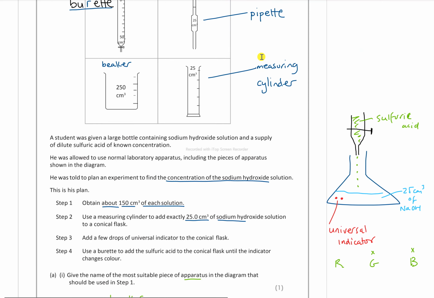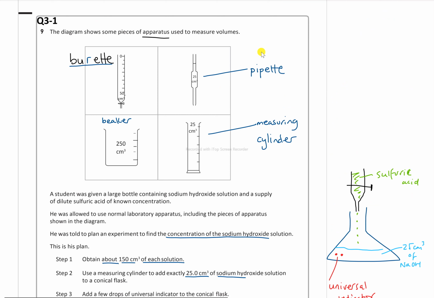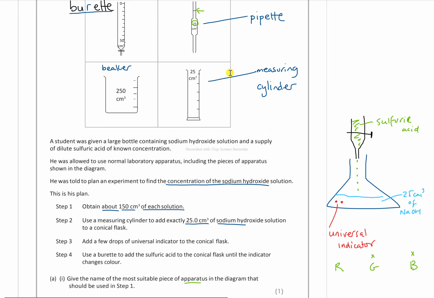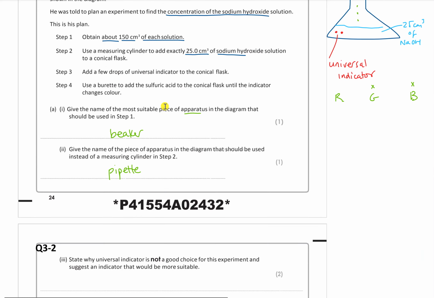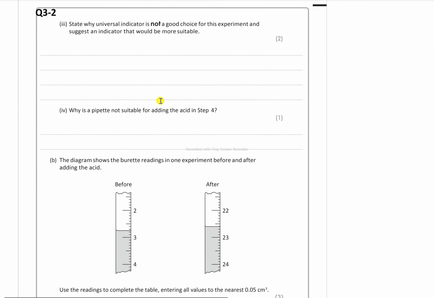I think the reason for that is, if you notice here, it's got a fixed volume and it's got a mark there. It's going to be a bit more accurate because it's thinner, so you're going to lose less. You're going to leave less on the sides, and you can transfer it more accurately. I think that's the idea.